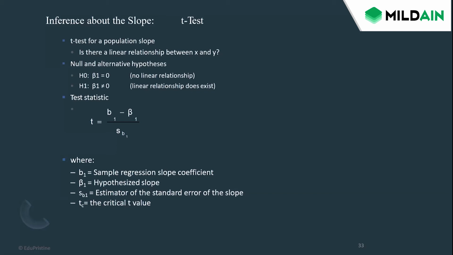We are assuming that my coefficient is 0. When beta 1 is 0, there is no relationship, because my independent variable will effectively become 0. So there will be no relationship. That is the null hypothesis. I hope you understand.